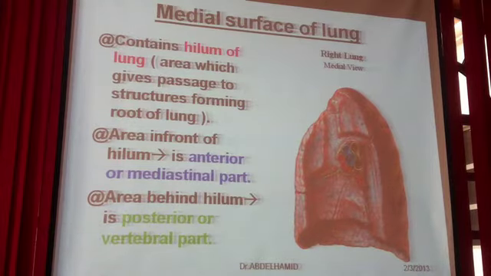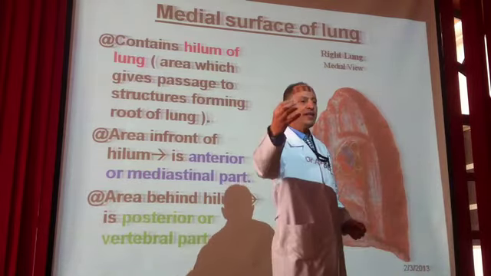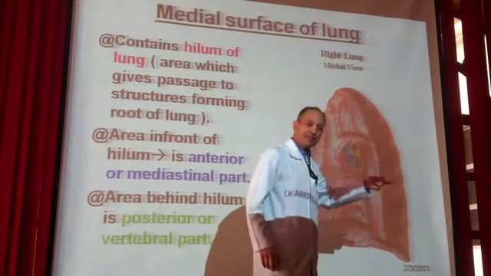Simply, you are putting the function of the lung in your mind, which is exchange. That's right. So what is the material you will act on? Blood. What kind of blood?